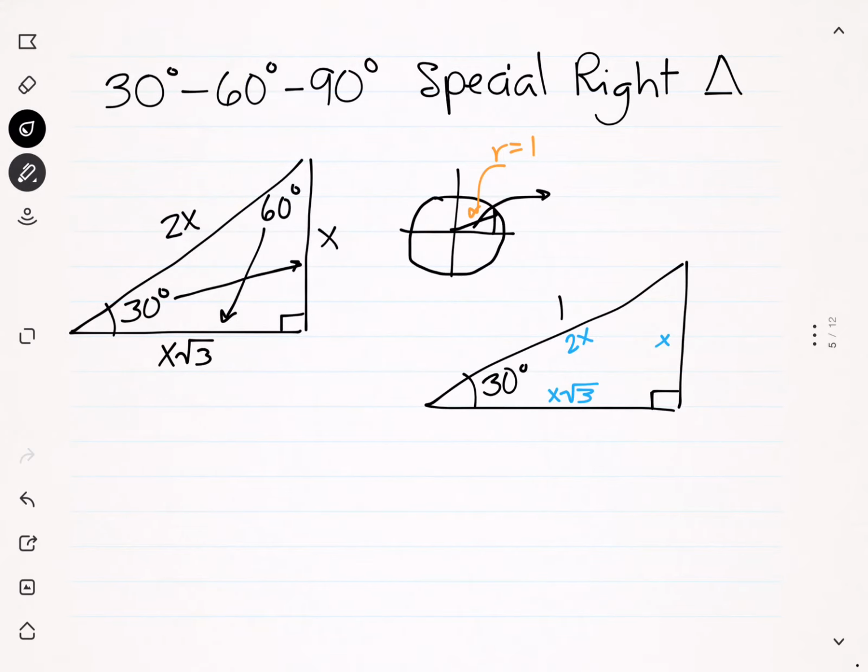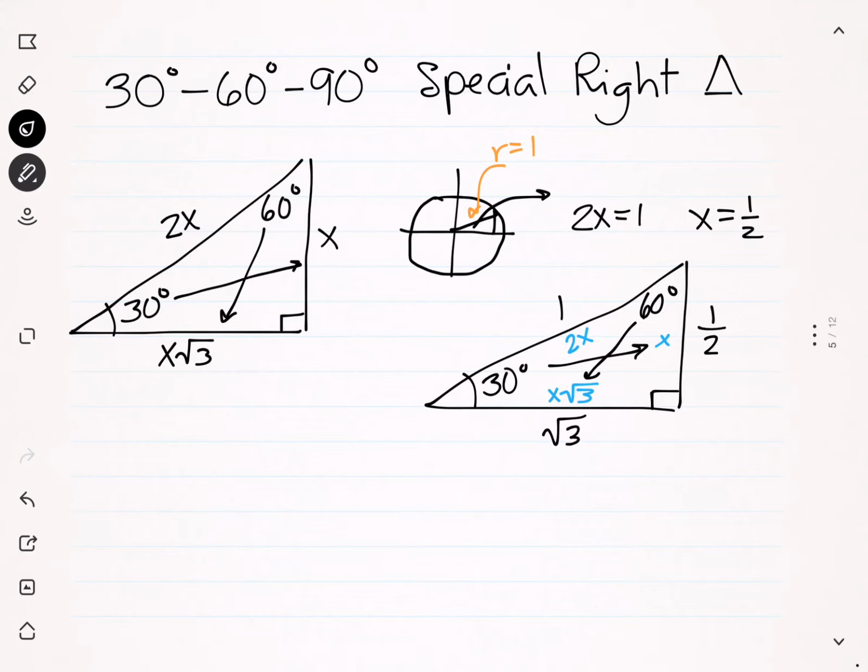So if we know the hypotenuse is 1, that means that 2x is equal to 1. That would mean that x would equal 1/2. So the side opposite the 30-degree angle is 1/2. And then, of course, this other angle is 60 degrees, and the side opposite that angle would be x times root 3, or 1/2 times root 3.